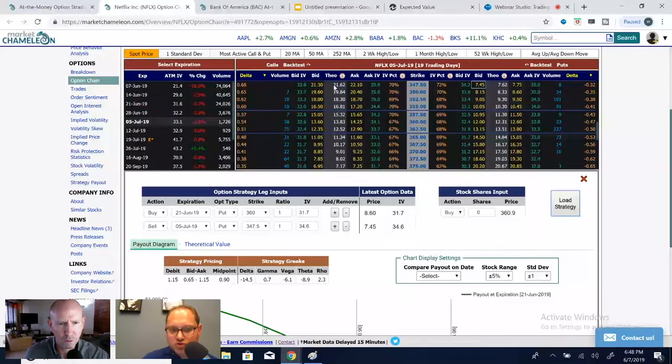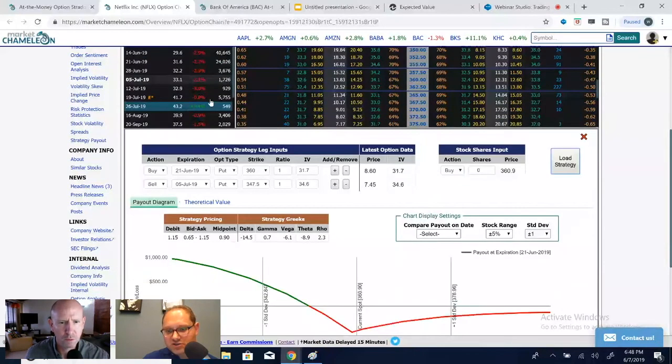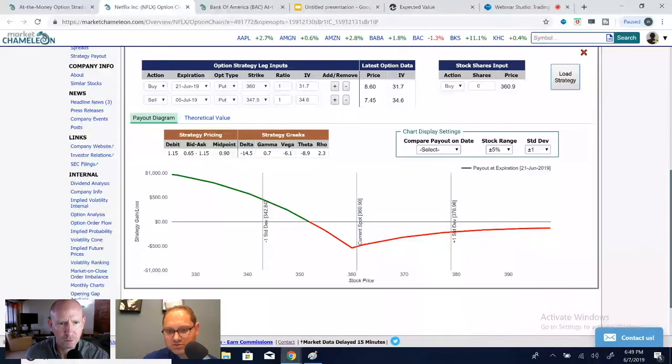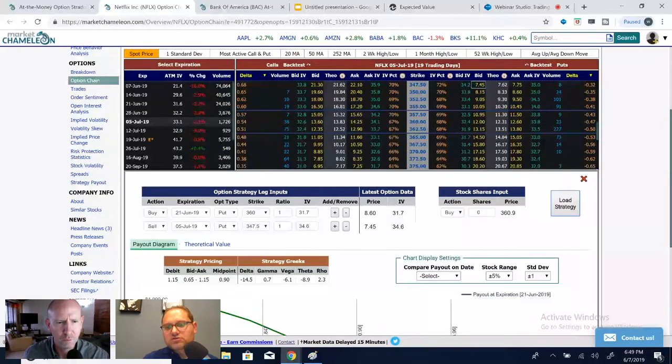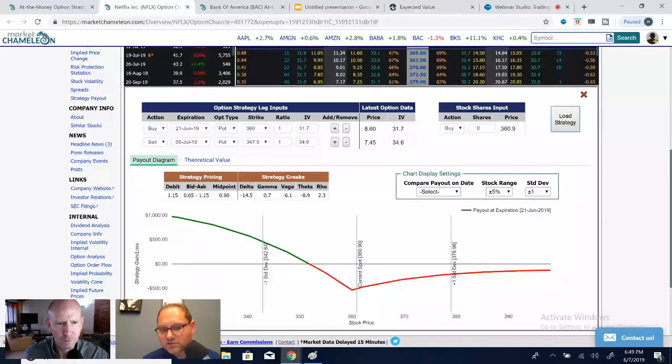So we stop it at June 21st. Once this option expires, that's where we stop it. That's the predicted value based on this implied volatility. So that's how we do it. There's no way to go past that first expiration. Does that make sense, Wayne?